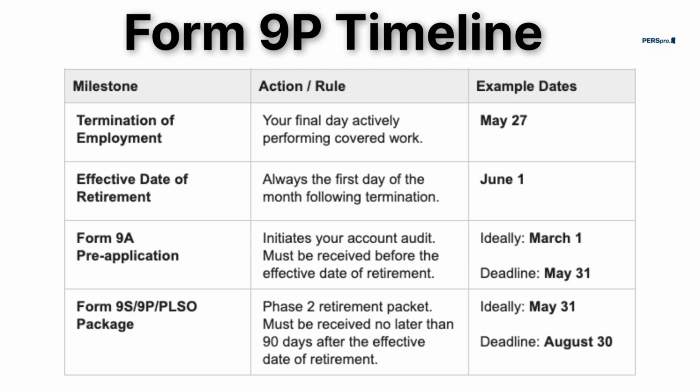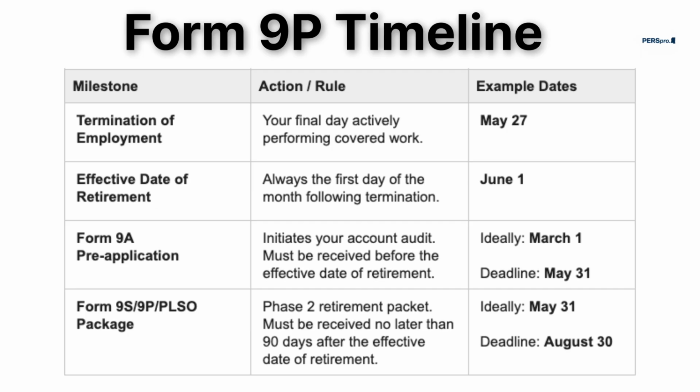Once processed by PERS, you receive your Phase 2 retirement packet containing your official audited final estimate of benefits, your Form 9S service retirement application, this Form 9P payroll authorization, and if eligible, Form PLSO partial lump sum option distribution election.